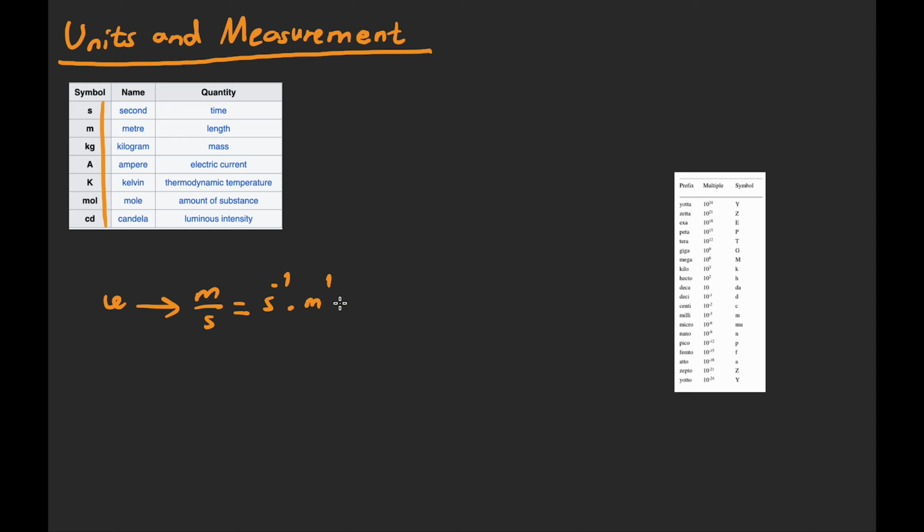And you can also add, we usually don't, but to showcase it, you can say that it's kilograms to the power of 0, amperes to the power of 0, Kelvin to the power of 0, moles to the power of 0, and candela to the power of 0. They don't matter, but I'm just writing these to showcase to you that every unit can be represented in this way with just different numbers in these powers.